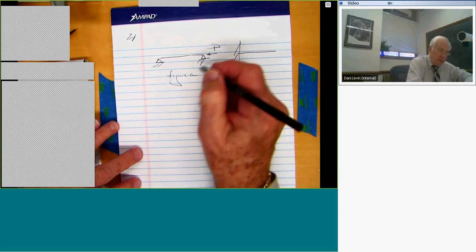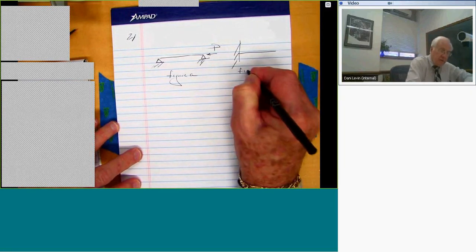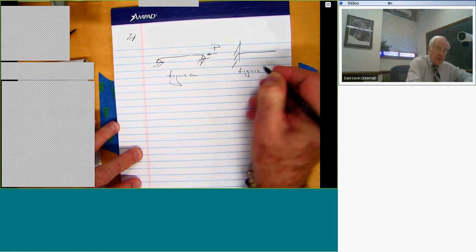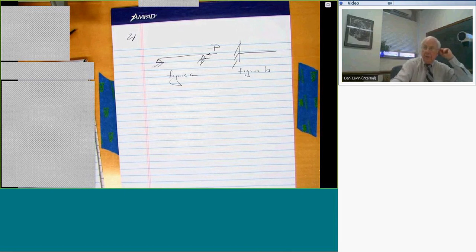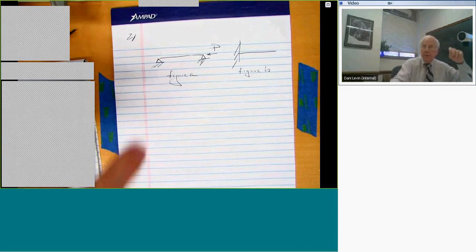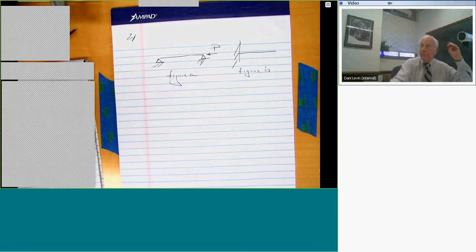Well, let's first of all look at figure A, which is not aeroelasticity, right? This is beam buckling theory. If I compress a beam with a large enough load, I'll buckle the beam, right? It turns out determining the buckling load is an eigenvalue problem. It's a static instability where, very crudely, the P is playing the role of the aerodynamic forces in aeroelasticity.